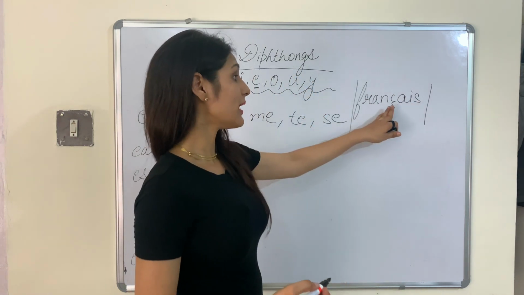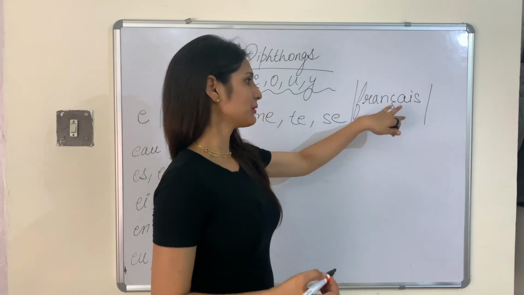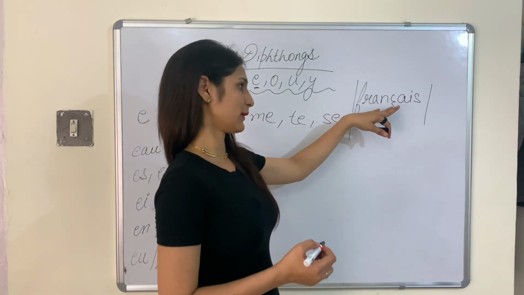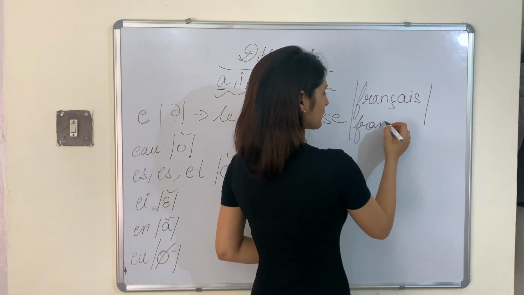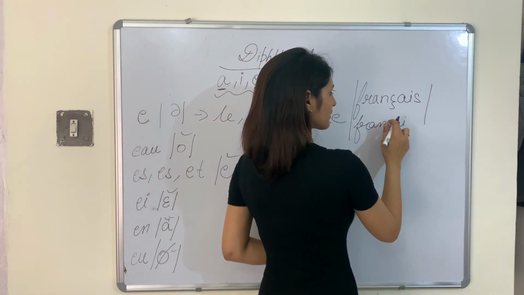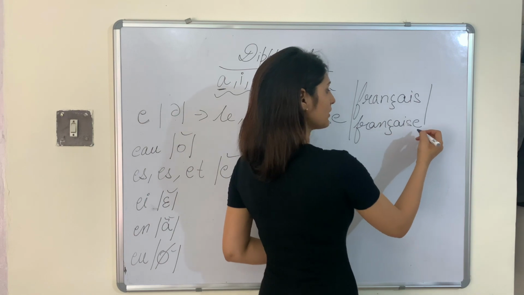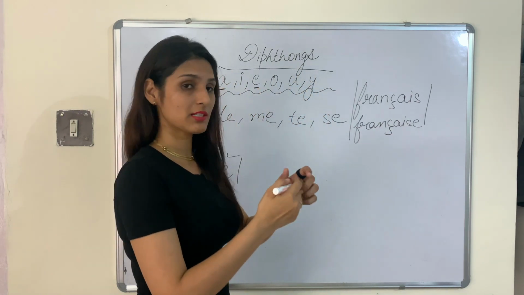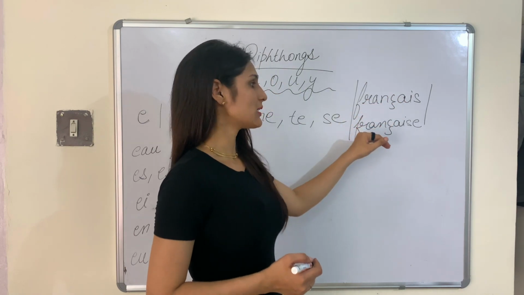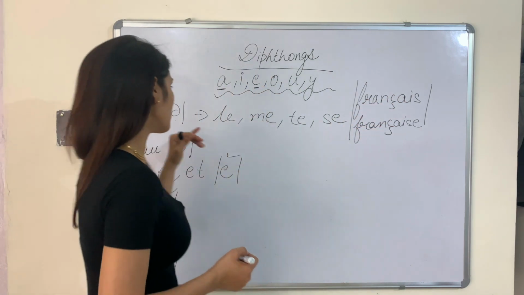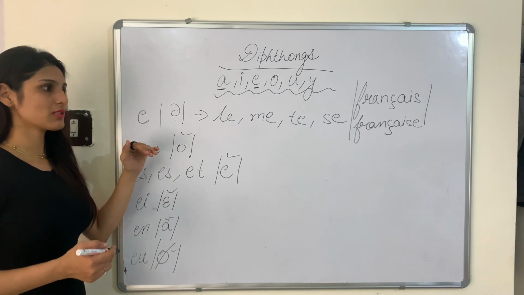Now, when you will add an e, you use this word first of all for making the nationalities. So this is masculine. Now, if I add one, now see the difference in the pronunciation of both the words. Français, française. The sound is coming. Française.